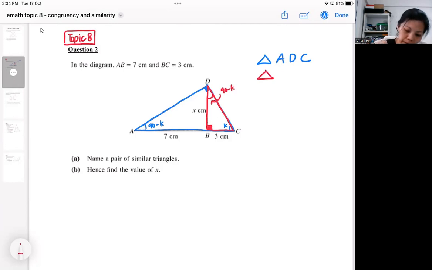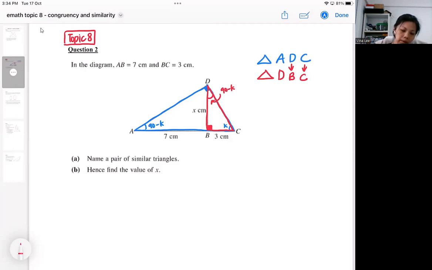You will match the 90-degree with B. Then you will match C. C will be the common angle. And then you will be matching D. D will be the one that is 90 minus K. So that's how we match an angle. So this one can be one pair of similar triangles.